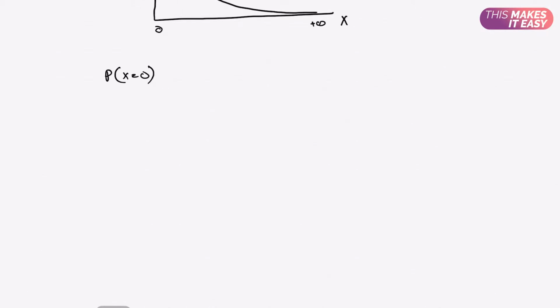We already know the Poisson distribution formula. If I substitute x as 0, then we will be left with e to the minus lambda. This is just during 1 unit time.